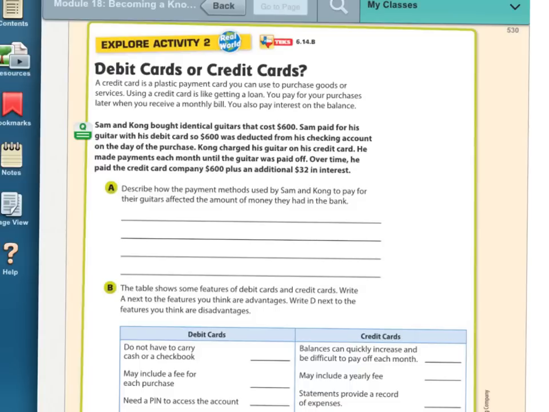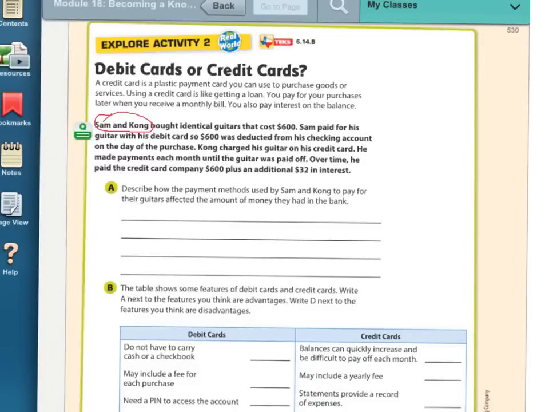So let's look at this question. Sam and Kong, that's a weird name, King Kong, bought identical guitars that cost $600. Sam paid for his guitar with his debit card, so $600 was deducted from his checking account on the day of the purchase. Kong charged his guitar on his credit card.